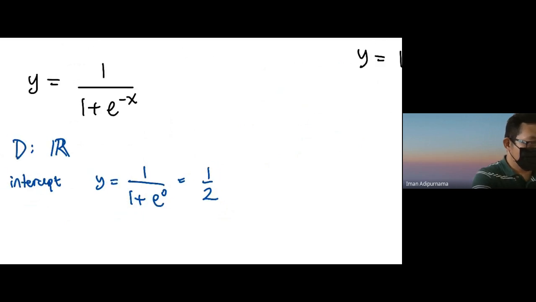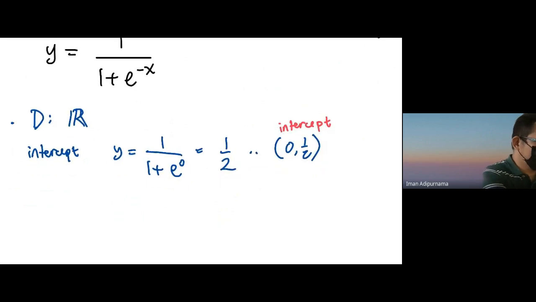So at (0, 1/2), this will be our intercept. And then I think there is no symmetry, right?